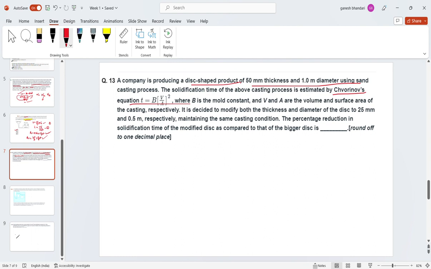Definitely, it can be asked. For an elliptical shape, your area is pi times your diameter times your height. Those areas you can calculate by integration, simple integration from this limit to that limit. So those are possible, and they are asked.